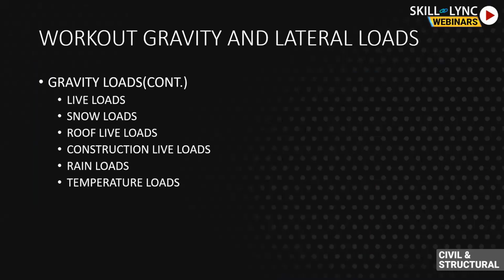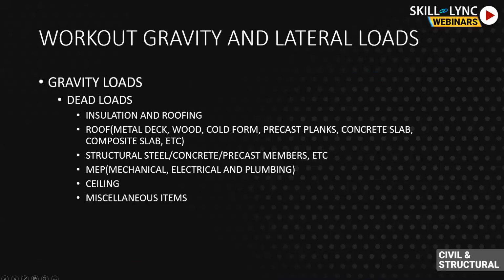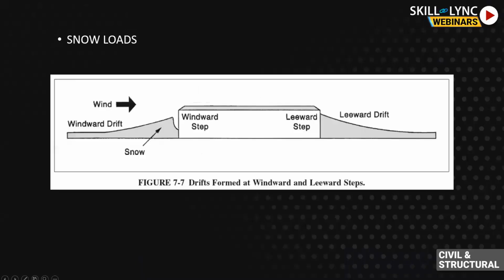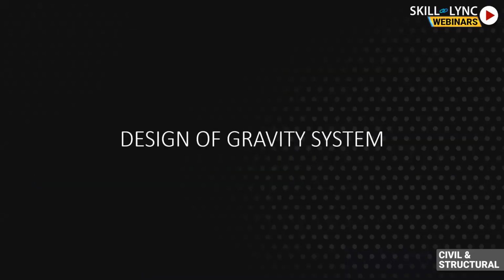Just to re-quote an example, if I'm talking about a metal roof deck, I know from experience that 1.2 to 1.5 kPa of area load is good enough. If someone comes and says that for the metal roof deck we have 3 kPa of dead load, I would straight away put a question mark there. This is not supposed to be 3 kPa. Just check and then put it into the software again. 3 kPa is very overestimated for a metal roof deck.